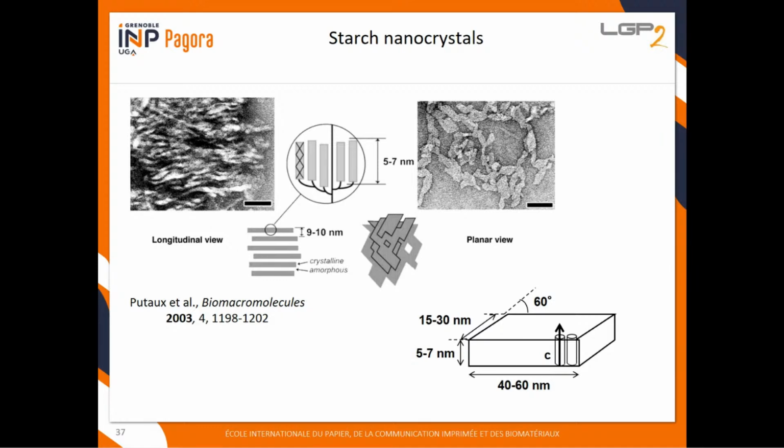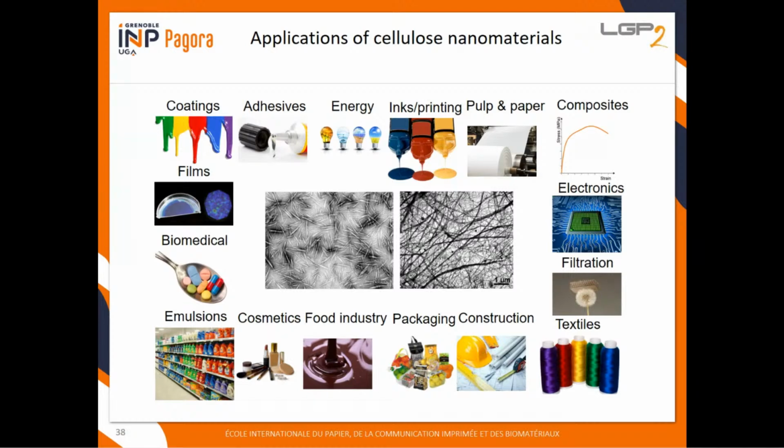So now I come back to the possible applications of this nanomaterial. So mainly cellulose nanomaterials because they are commercially available. So different applications can be found, for example, in coatings, adhesives, energy, ink and printing, pulp and paper, composites, electronics, filtration, textile, construction, packaging, food industry, cosmetics, emulsion, biomedicals, or in the form of films.